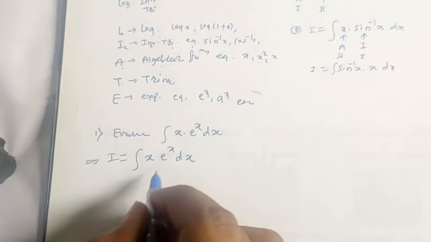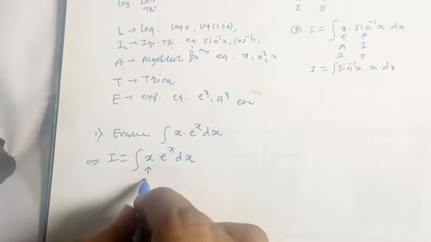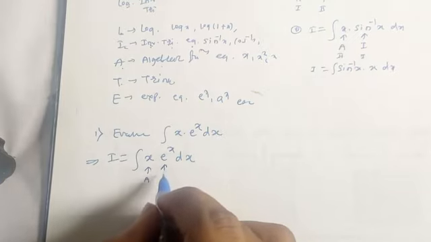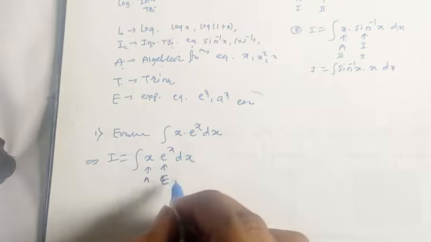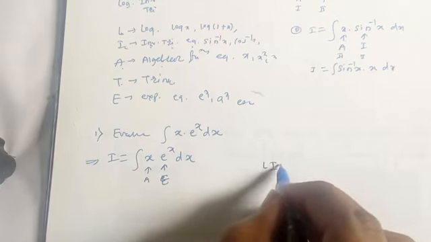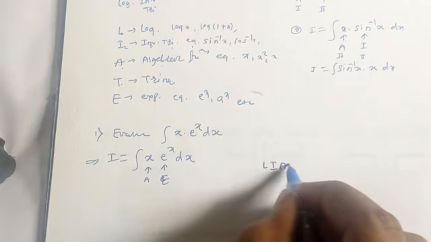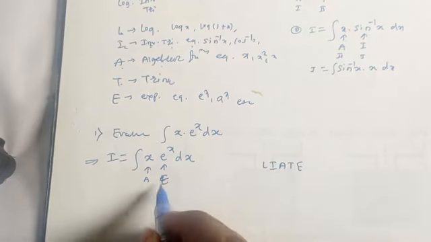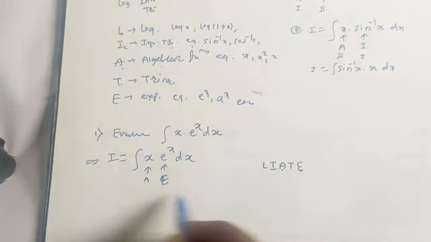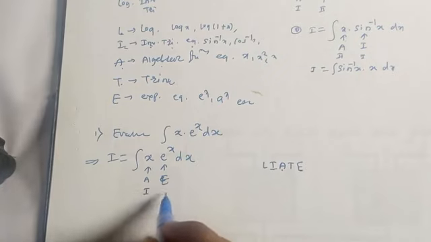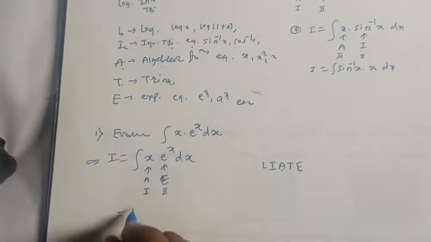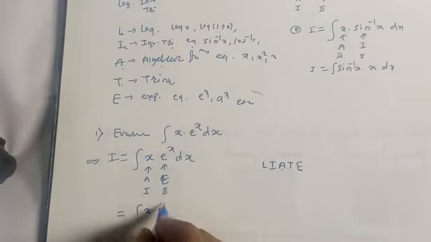Here x is an algebraic function and e raised to x is an exponential function. In our LIATE rule, A comes first, then E. So we take the first function as x and the second function as e raised to x.